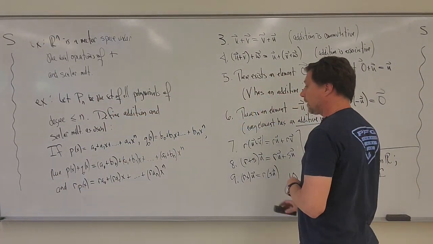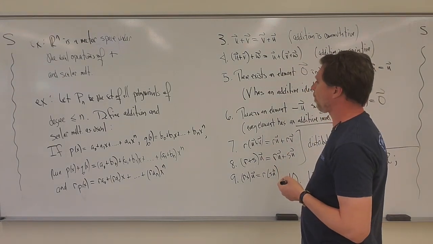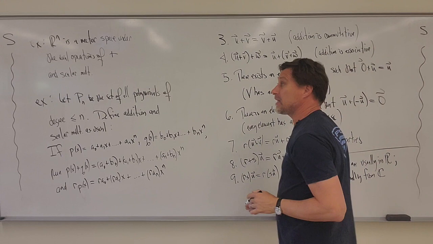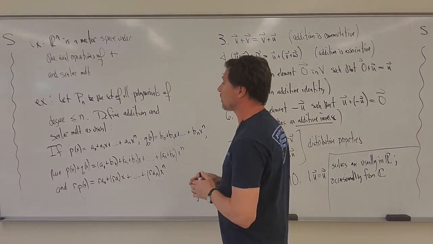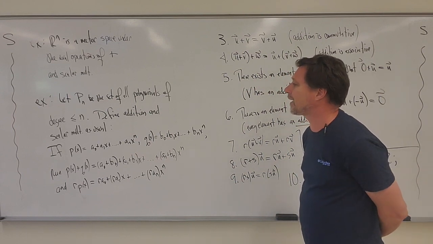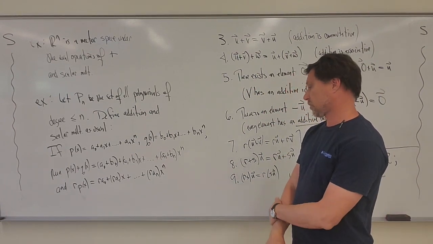Okay, I want to go through all the details, but verify that P sub n, this set of polynomials of degree less than or equal to n, actually satisfies all the axioms, all the properties of being a vector space.